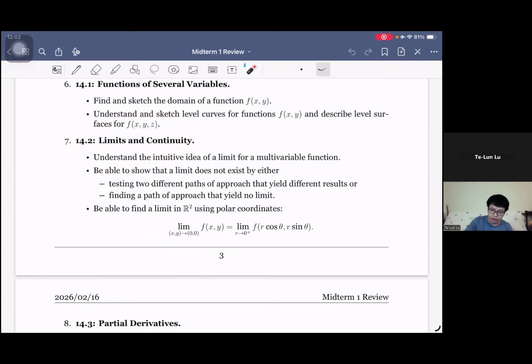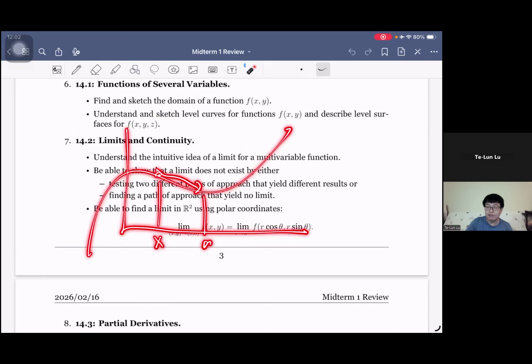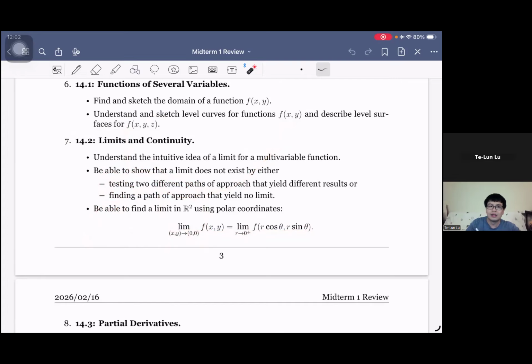In a 1D case, if x goes along to some point a, then we're saying that this function has limit L at the point a. The function approaches some value whenever the argument approaches some point. That is the definition of a limit.